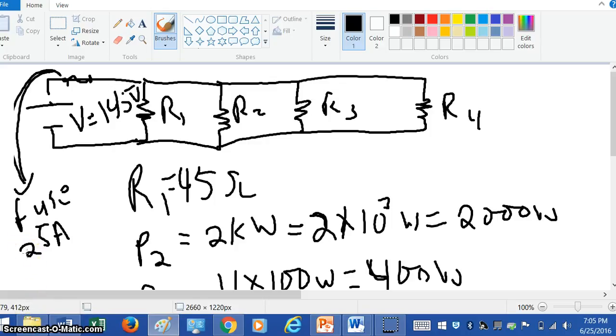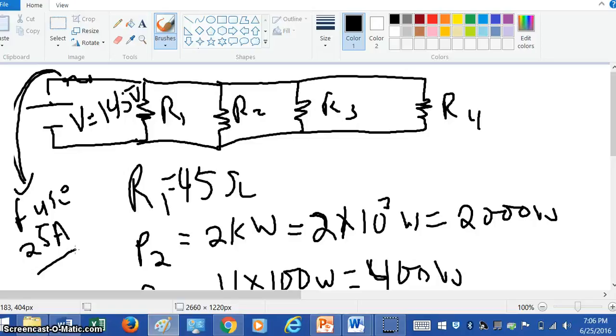Anyhow, what is it doing? If the total current that comes out of this power supply goes over 25, the fuse basically opens up and shuts off the rest of the circuit. The way you talk about fuses is that they blow, the fuse blows when it opens up.